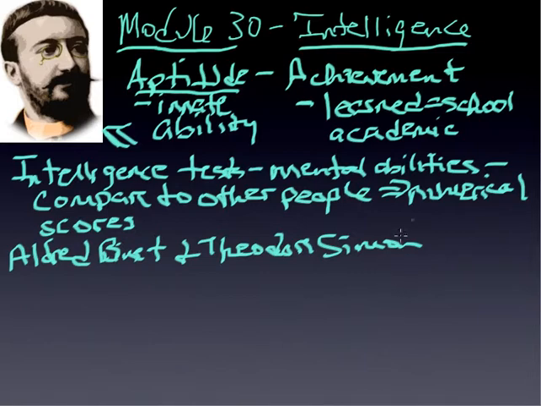So they developed an intelligence test that contains questions that renders something that we used to refer to and still do, the Stanford-Binet test, is something that we refer to as the mental age of a person.